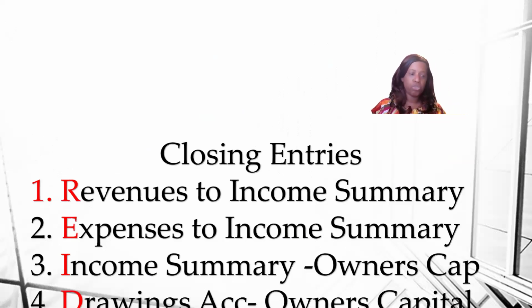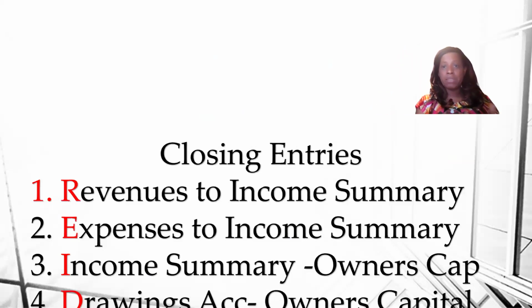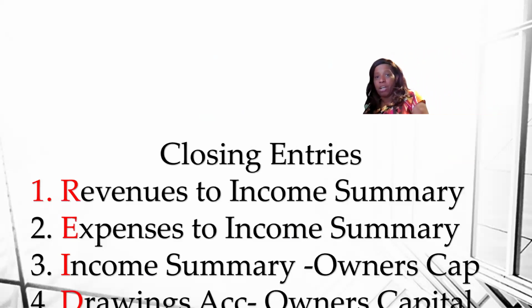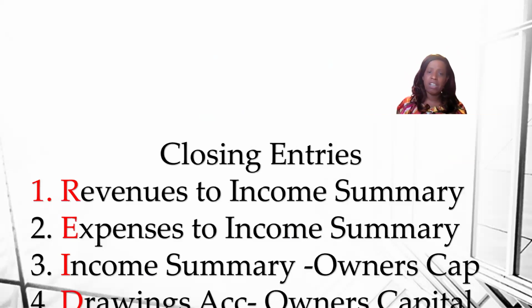So in closing entries, what are we doing? We're closing our revenues to our income summary. And we're closing our expenses also to our income summary. Then we're closing out our income summary to our owner's capital and our drawings to our owner's capital.